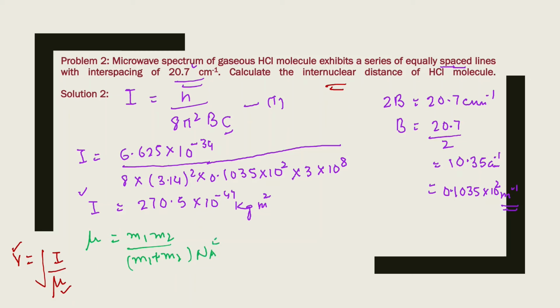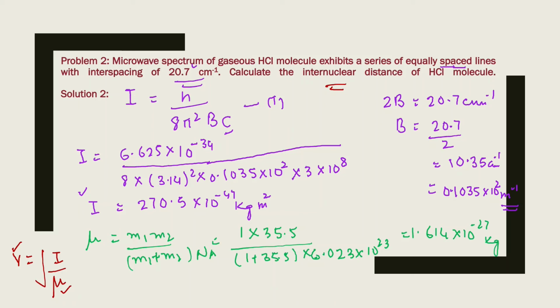And m1 and m2 are the hydrogen and chlorine respectively. So their respective masses are 1 and 35.5. So I simply substitute these values and I'll try to get the value of reduced mass. The Avogadro number is 6.023 into 10 raised to the power 23. So the reduced mass comes out to be 1.614 times 10 raised to the power minus 27 kilograms.